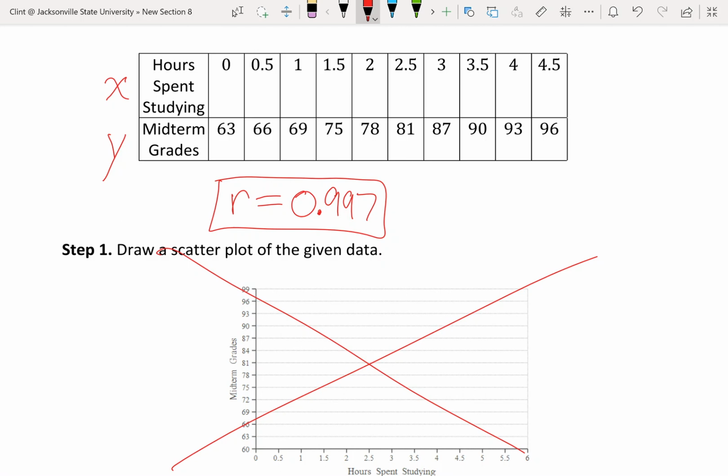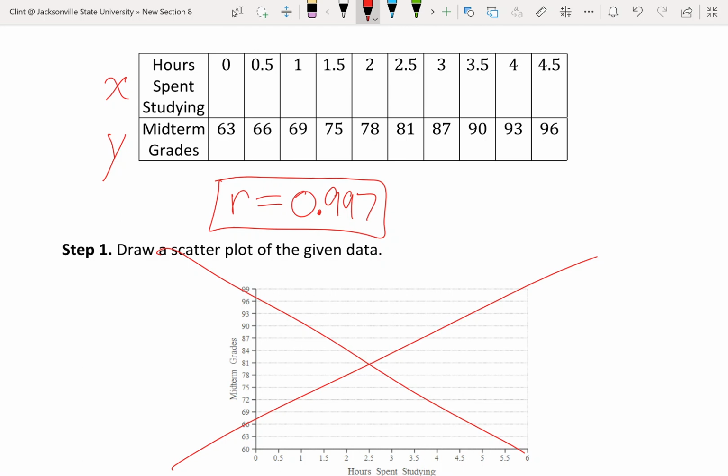If you don't have a calculator that'll do that, you need to get one or borrow one, okay? And then practice a little bit with it. Make sure you know how to get R out of it. It's just a calculator problem. And we can kind of check ourselves a little bit.